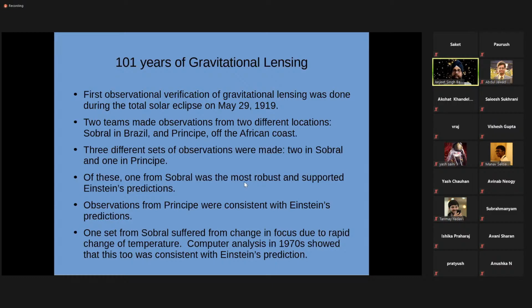And the second reason why it was special was that the sun was going to be in the constellation of Taurus, very, very close to the Hyades open cluster, meaning that there are a number of reasonably bright stars which could be used for any observations. So three different sets of observations were made, two in Sobral in Brazil and one in Principe.